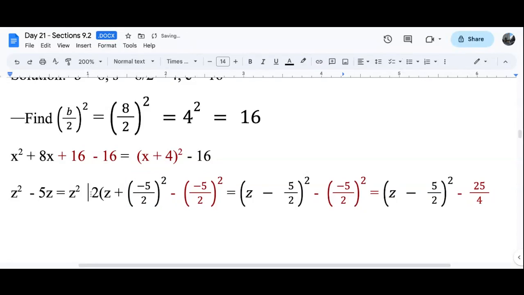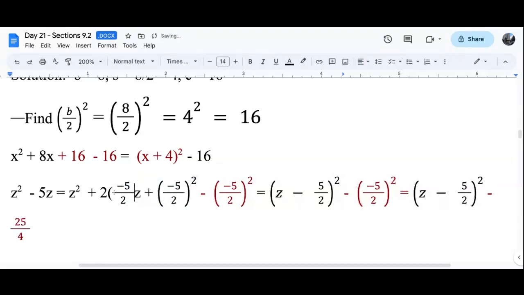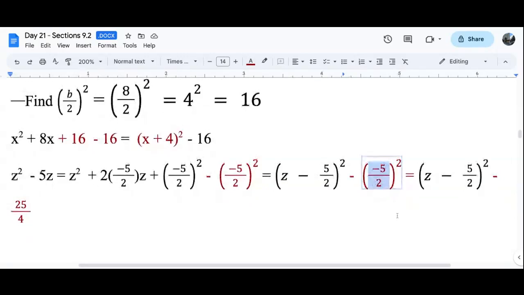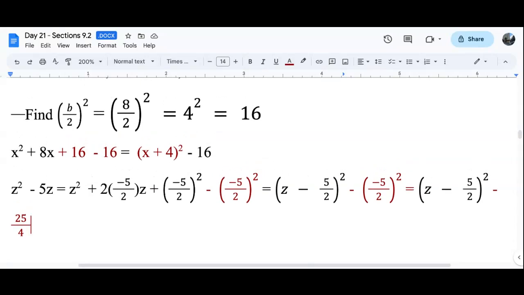If we change this to be addition, we write it this way: z squared plus 2 times negative 5 divided by 2 times z plus negative 5 divided by 2 squared. So in this case, we get a perfect square. Then just subtract this number, and this number is just 25 over 4. Does anyone have any questions?